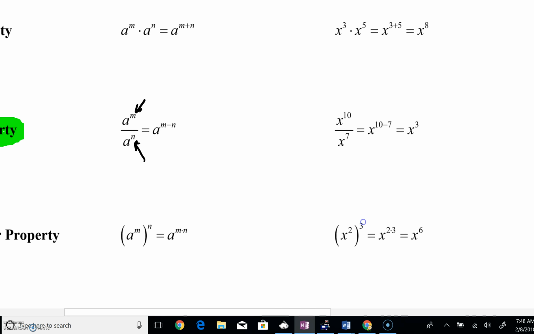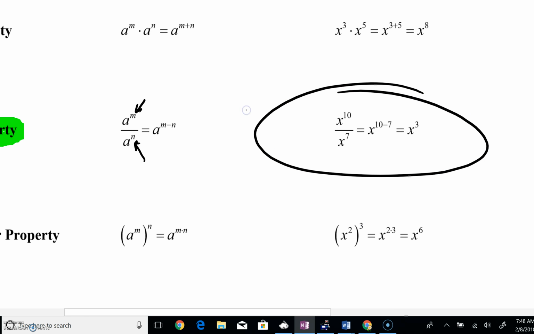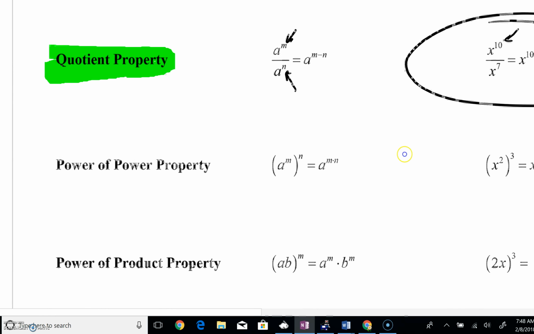For example, if you were given x to the 10th divided by x to the 7th, you always take the top power minus the bottom power. Now, please realize that subtraction order matters. You always want to make sure that you've got the proper order. It's always top minus bottom, and 10 minus 7, you just get a 3. So you'd have x to the 3rd.